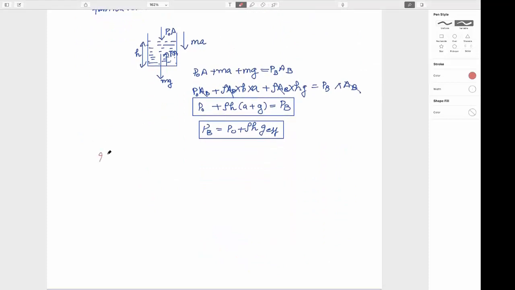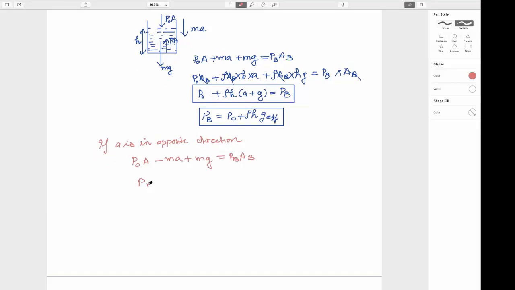So if a is in the opposite direction, then P naught A minus ma plus mg is equal to PB into AB, and what we get is PB is P naught plus rho H into g minus a.